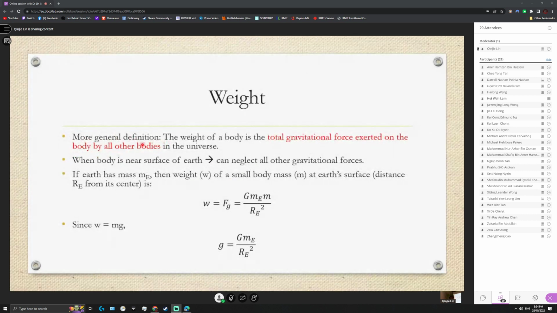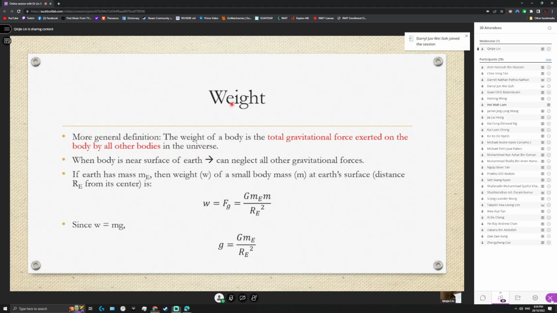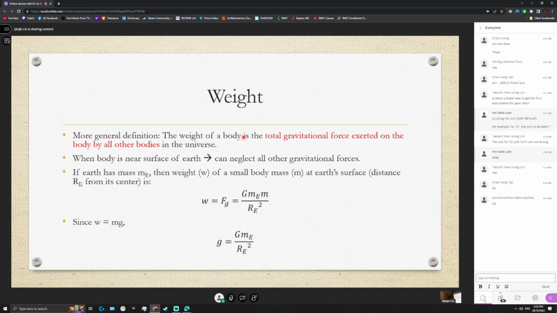So, a more general definition of weight: the weight of a body is the total gravitational force exerted on the body by all other bodies in the universe. We have been learning that weight equals mg, but this is the more general definition. When a body is near the surface of Earth, which is mostly what we are studying, we can neglect all other gravitational forces.